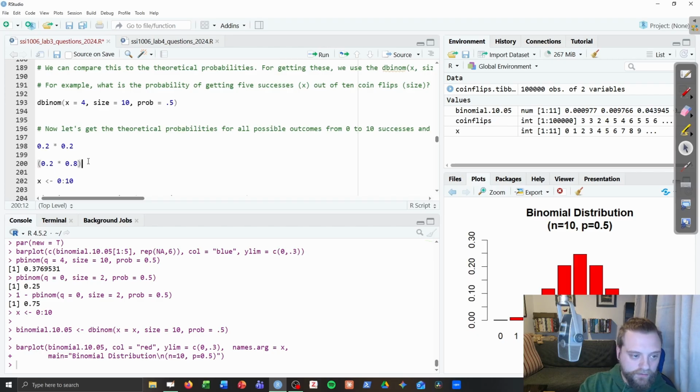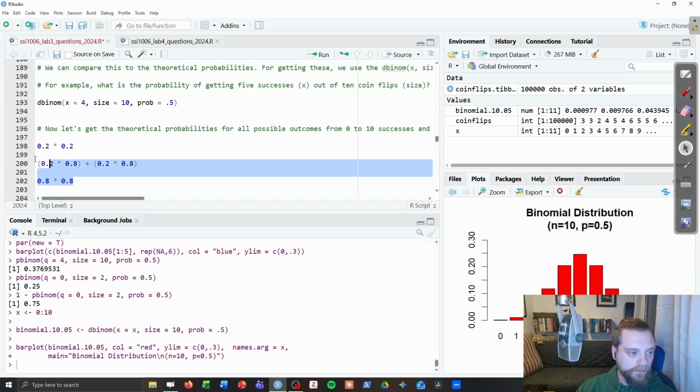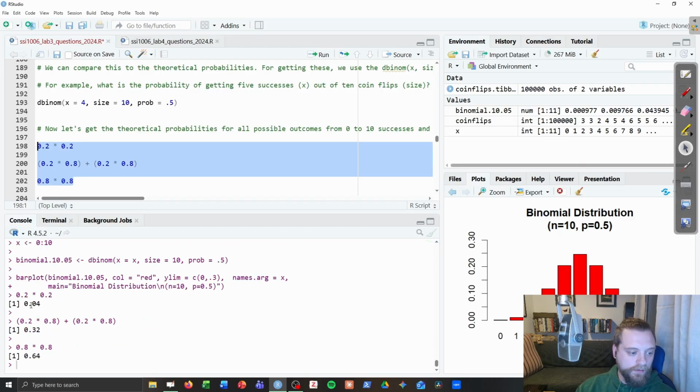Just to represent that, let's add those together. And the 0.8 times 0.8. Oh, help to get my multiplication symbol right here. My star symbol. So our 3 outcomes here then should be 0.04, 0.32, and 0.64.